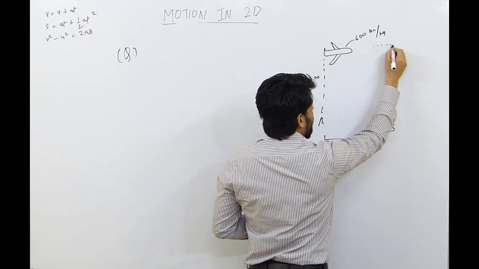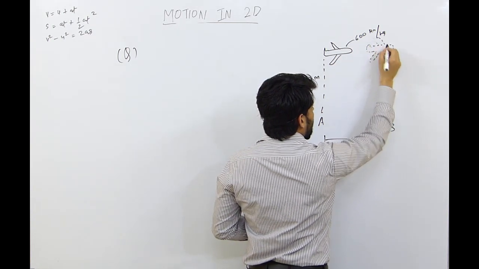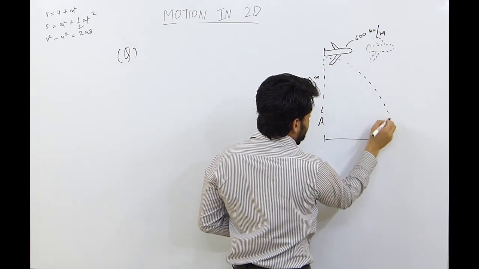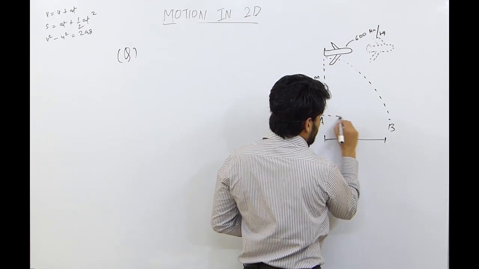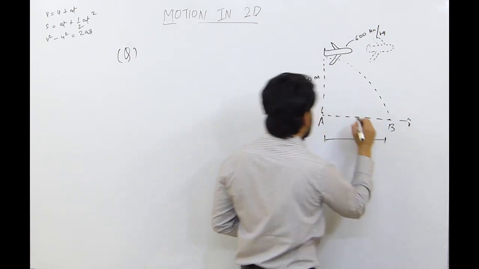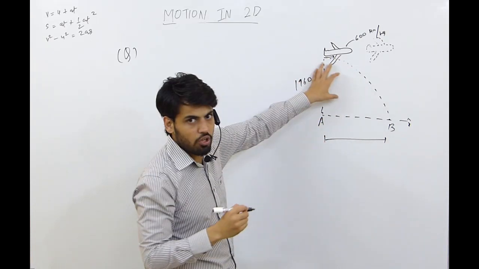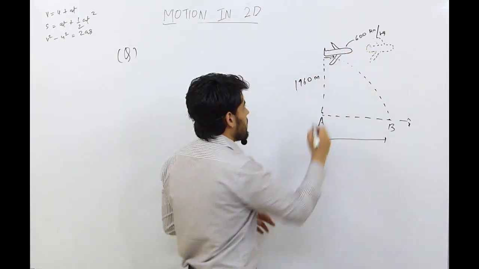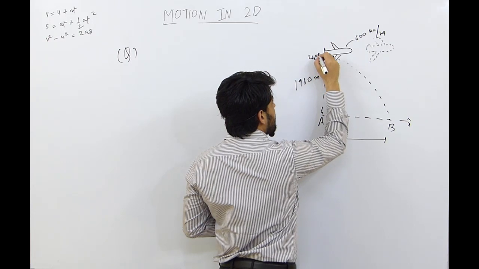So in this case the bomb is dropped and this motion will be like this. The velocity of the bomb which has been dropped from the plane will be the same as the velocity of the plane. So ux will be the same.